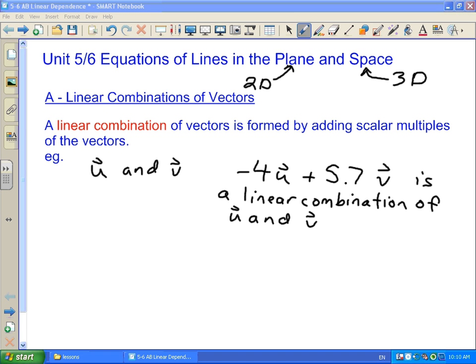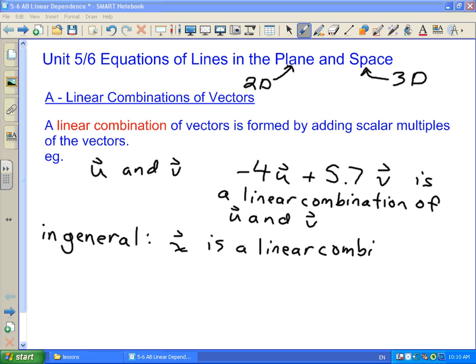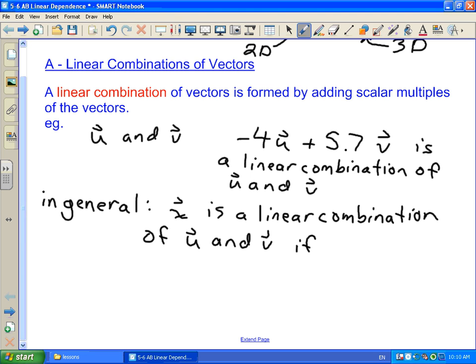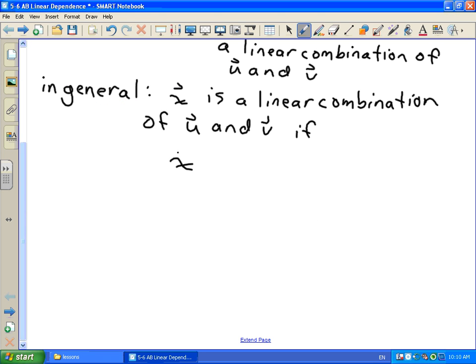So in general, we can say that some vector x is a linear combination of two other vectors, u and v, if we can write x as some scalar a times u plus some other scalar b times v, where a and b are both scalars.